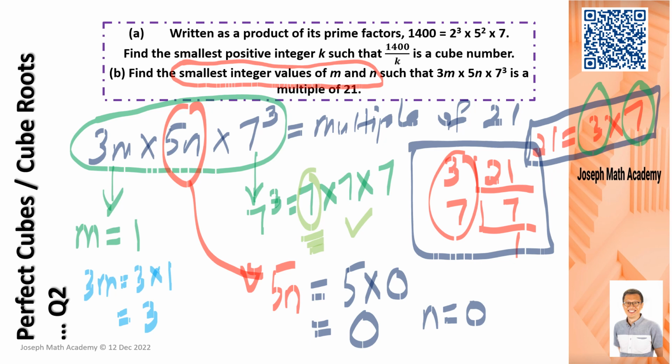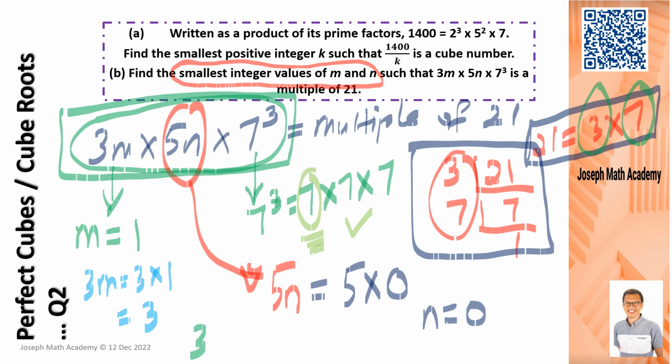Then this expression here would become this. Let me rewrite. The expression in green would be 3, because m is 1, times 5 to the power of 0, which is 1, times 7 cubed. So it becomes like that.